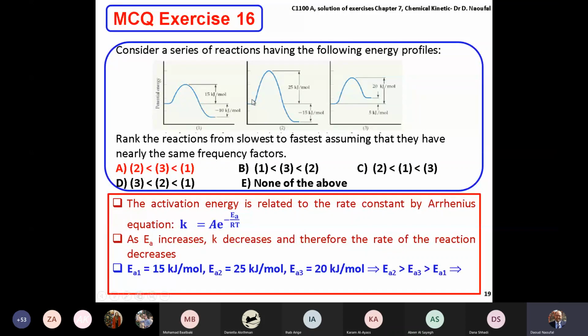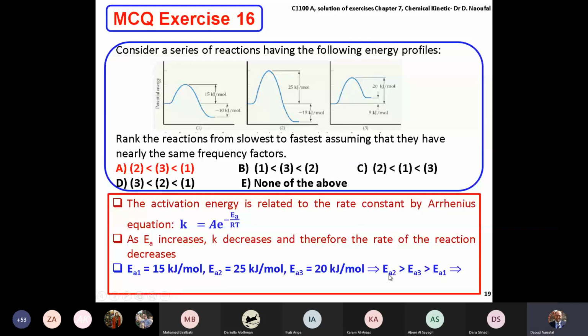So we can now compare the activation energy of the first, the second, and the third, noting that the activation energy is the difference between the energy of the initial reactant and the top of the curve where we have the activated complex. The activation energy for the first is 15 kilojoules per mole. For the second, the difference is 25, and for the third, the difference is 20.